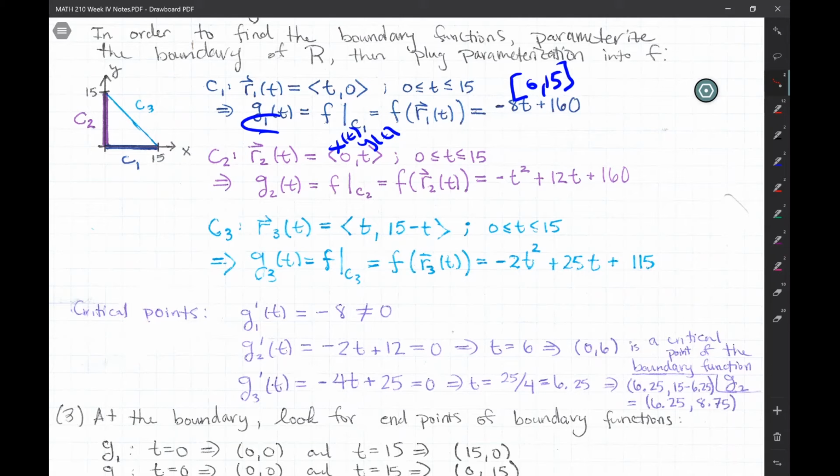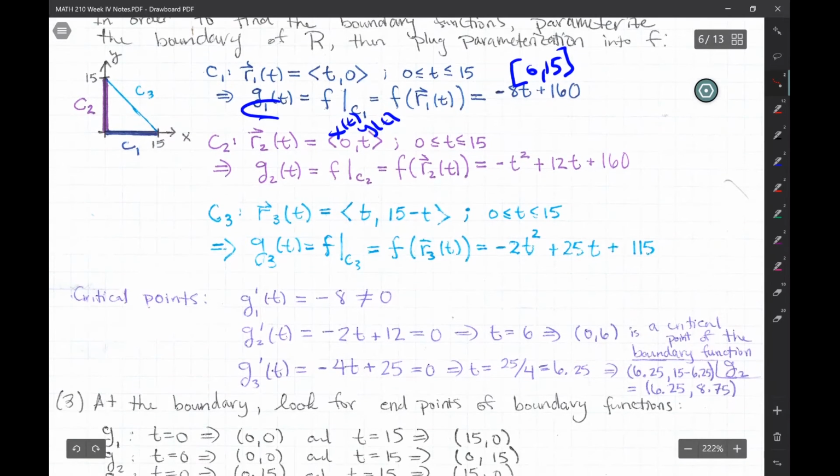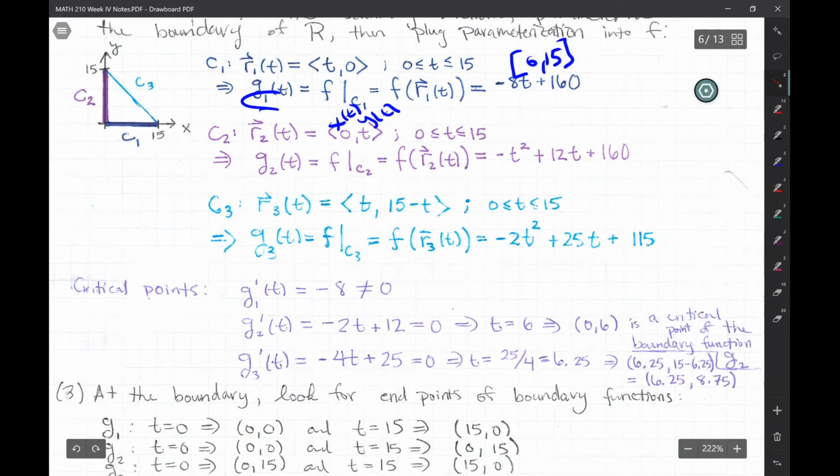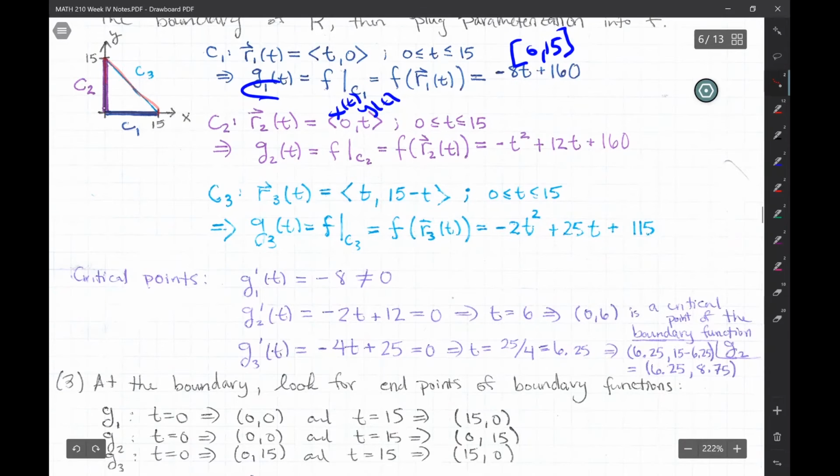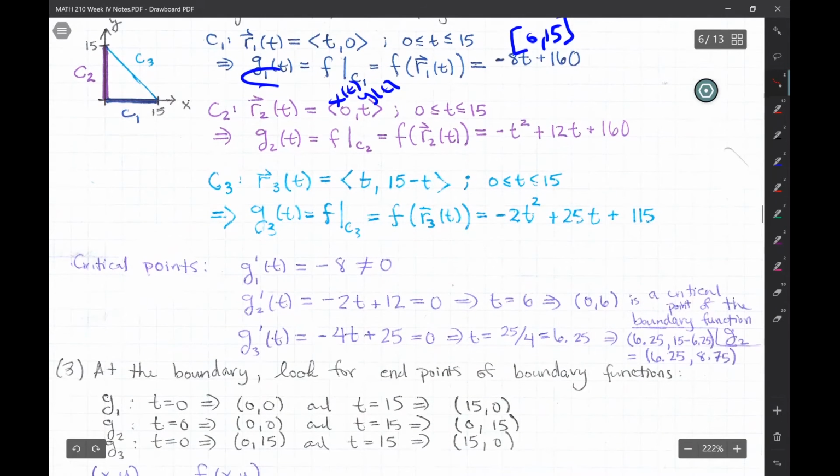There are infinitely many ways to parameterize those curves, but we just chose the simplest one. And this would work no matter how you choose, for sufficiently well-behaved functions that we deal with. No matter how you choose the parameterization of the curve, this will still work out.